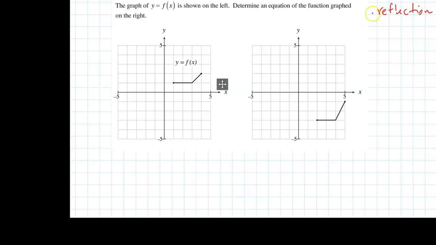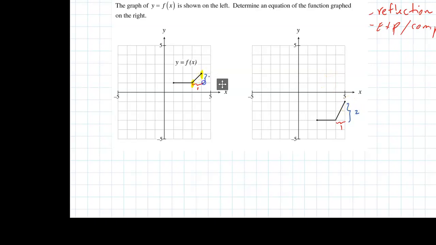The next thing is the expansion or compression factor. Notice that there is a vertical change here. From here to here, the original goes up by 1, but for the new graph, from here to here is 1 as well, yet it is stretched vertically by 2.